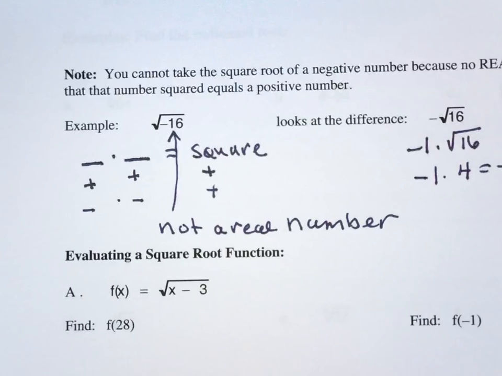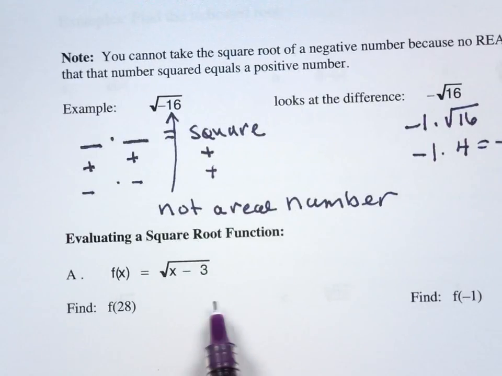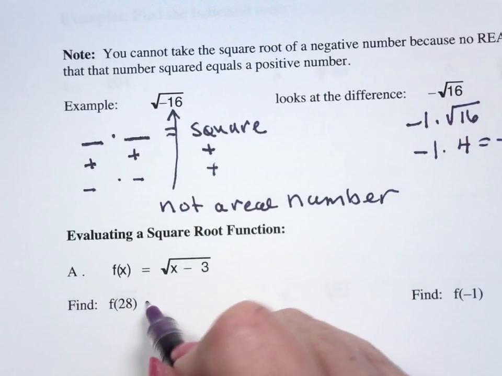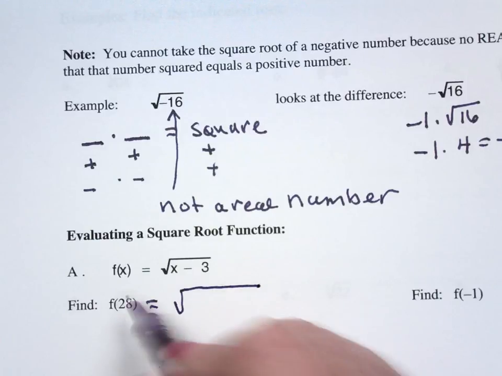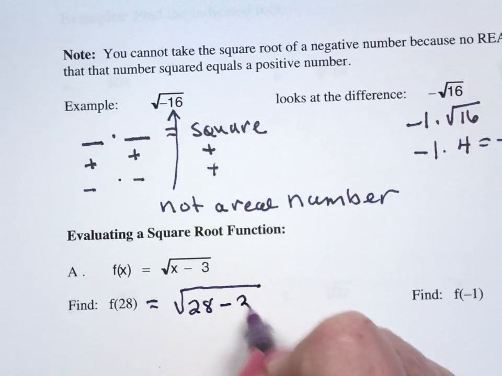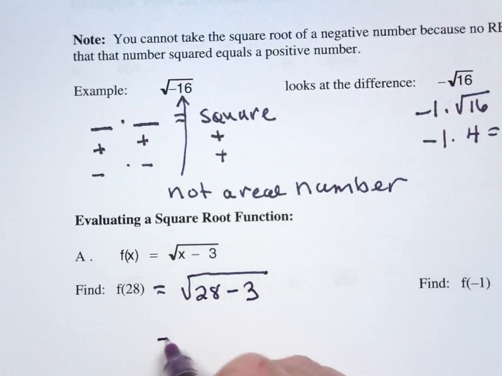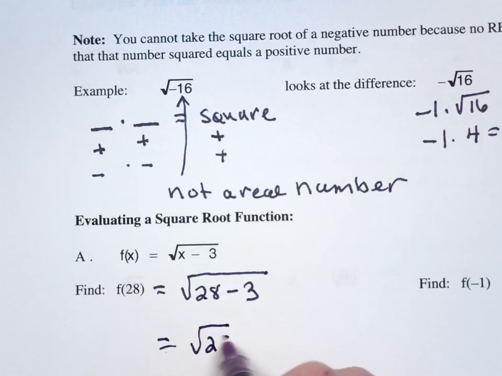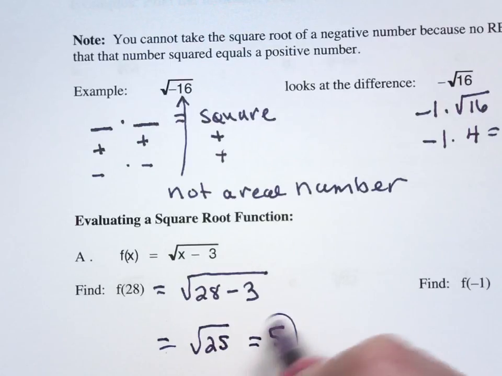If I want to evaluate the square root, if f of x is equal to the square root of x minus 3, this is the square root of 28 minus 3, which is the square root of 25, and the square root of 25 is 5.